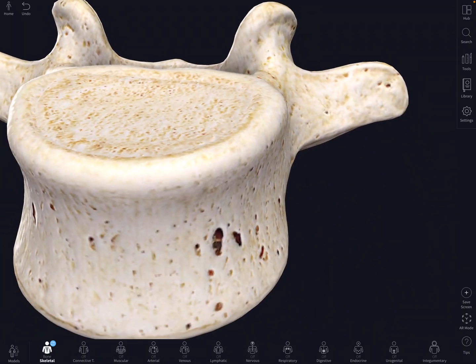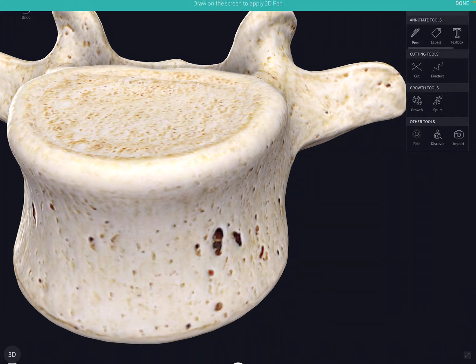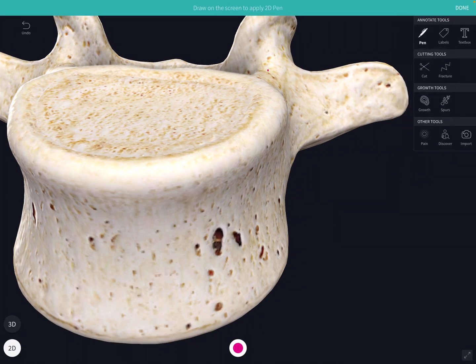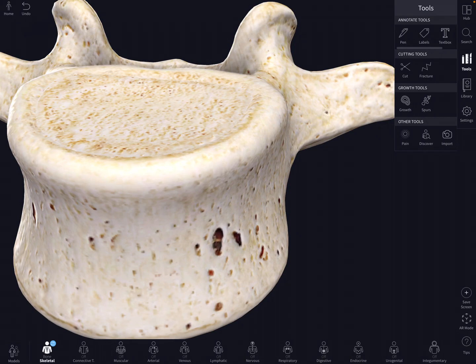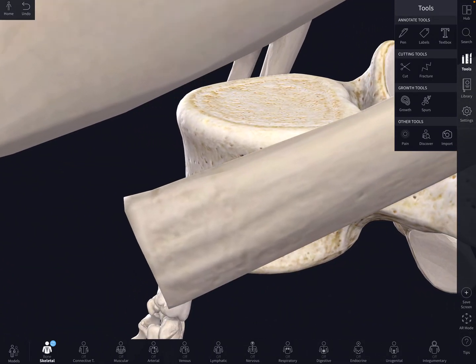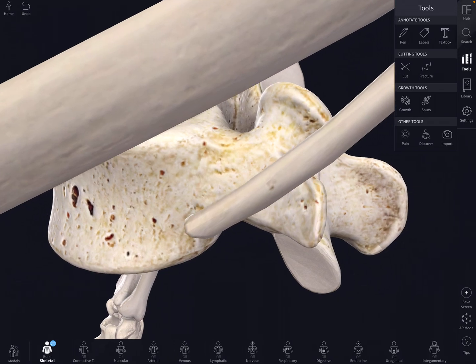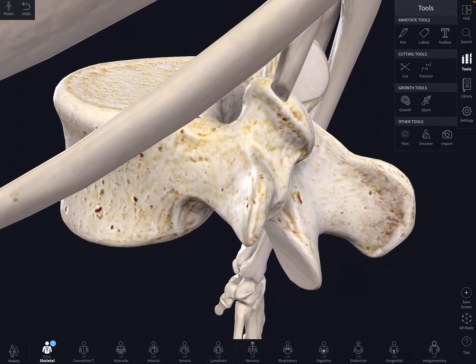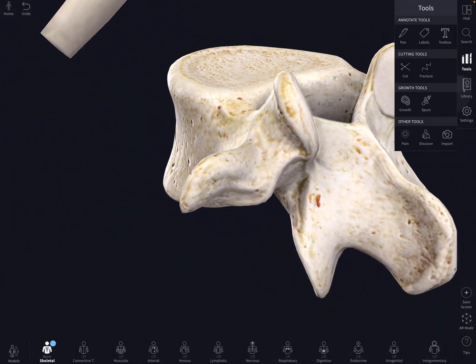So we talked about the pedicles. Let's just bring up my tools again. These are the pedicles, the broad bands of bone. They're quite short in the lumbar vertebra, but what we're looking for now are the lamina, and these arise from the posterior aspect of the pedicles themselves. So let's have a look. Here we go, we're coming into a better view.